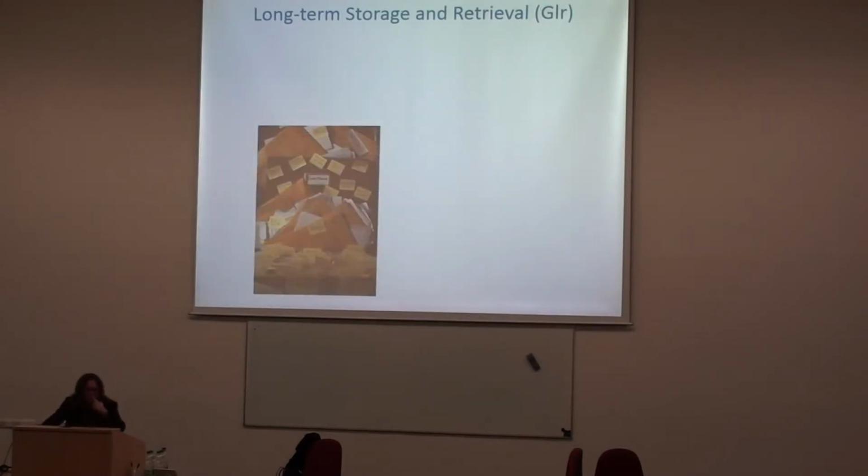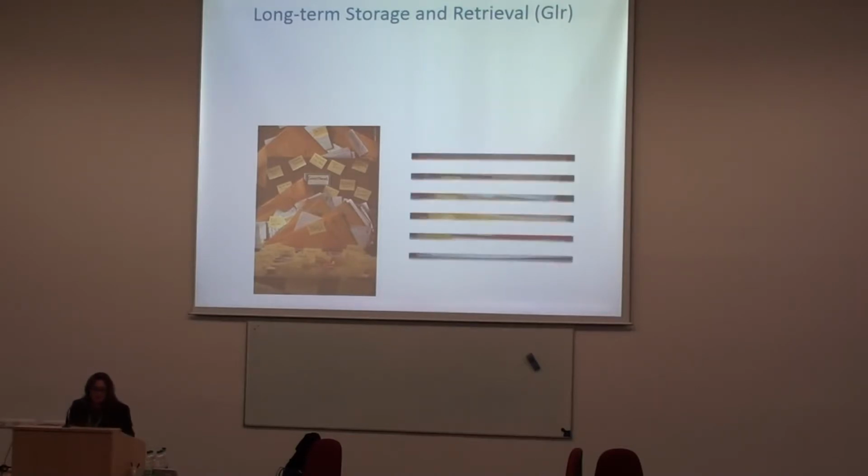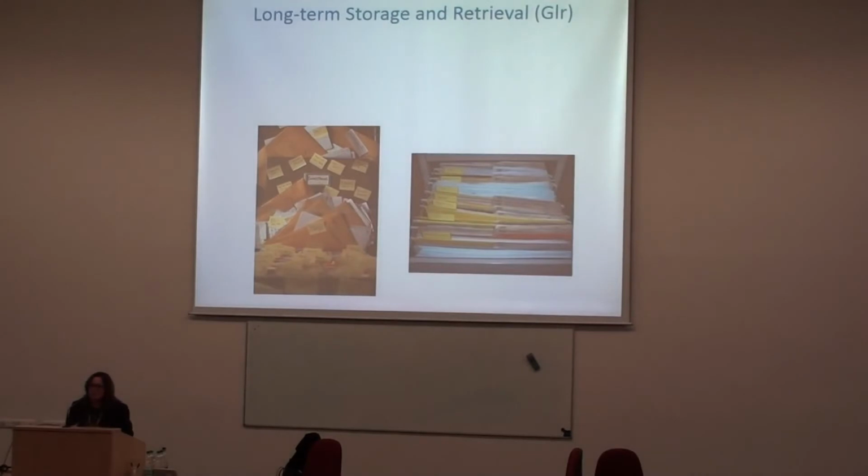We can think of long-term storage and retrieval as a filing cabinet. So this filing cabinet you can see is pretty messy, right? But then you have a filing cabinet that's really very well organized. And so some people maintain information like this. You know who you are, right?